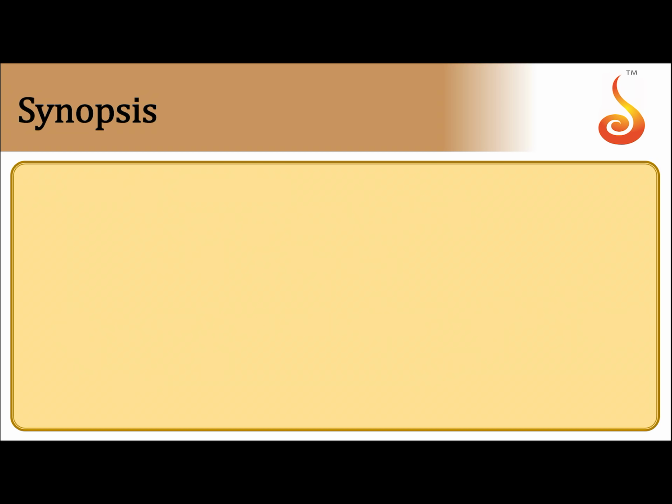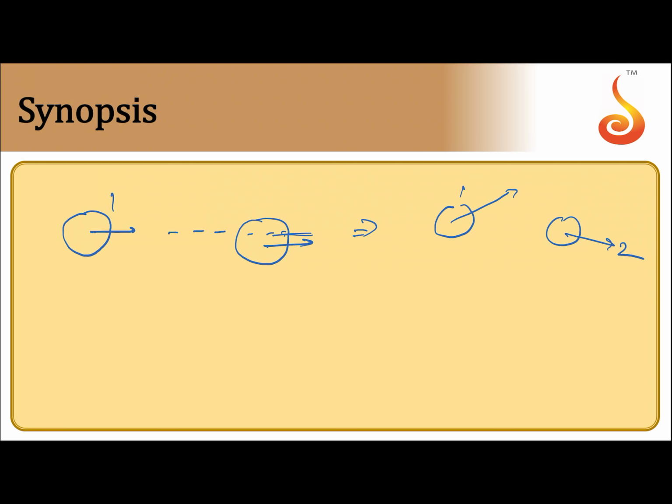Now, in the case of oblique collision, let's assume that it's moving along this direction and it's going to collide with one more like this, and this was moving along this direction, and post collision it moves along this direction and the second one moves perhaps along this direction. This is what is known as oblique collision.